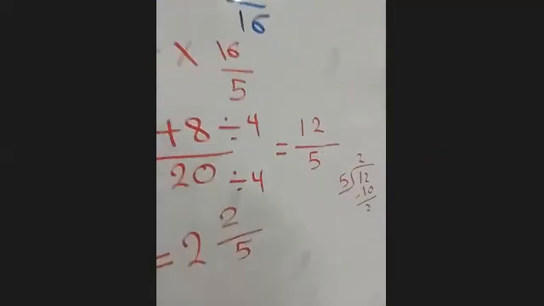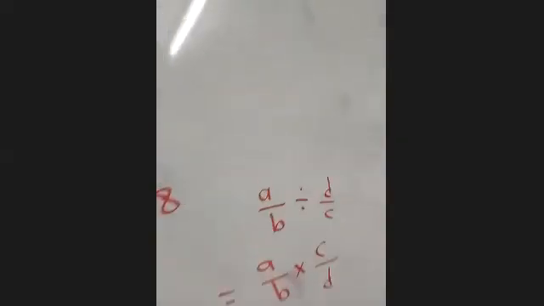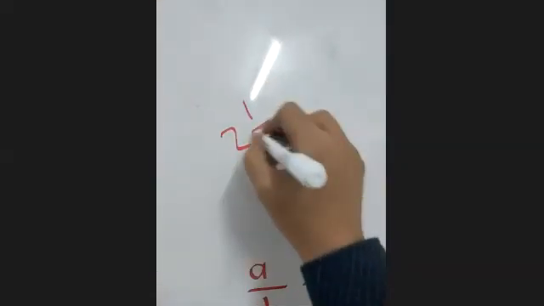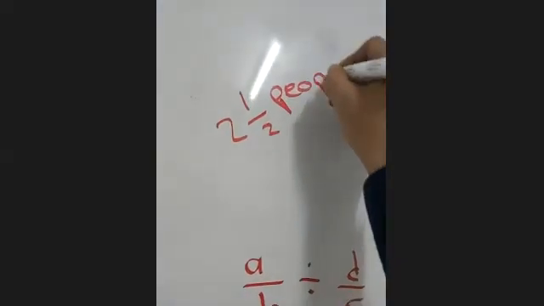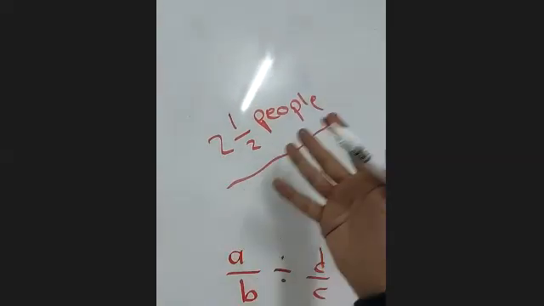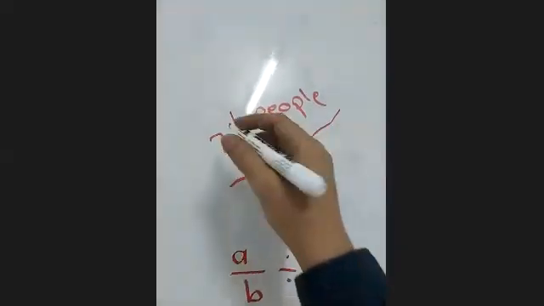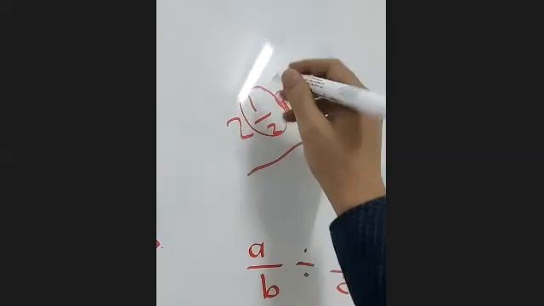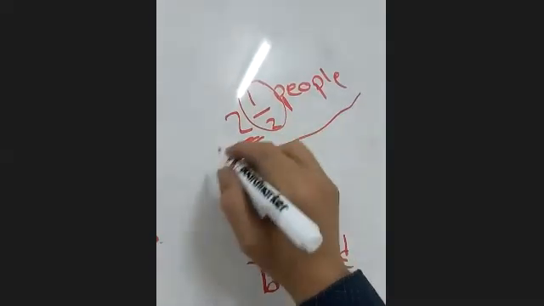So here, guys, remember our idea? We cannot say 2.5 people. Like the cake yesterday, we talked about the people, and when we ignore the parts, we take the whole number.